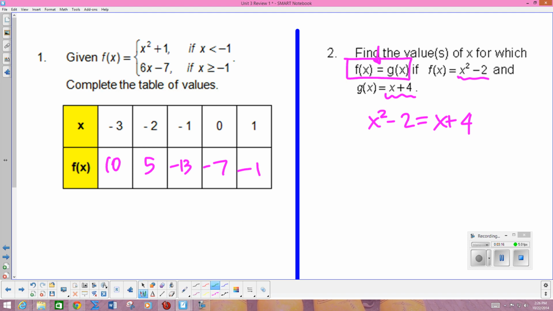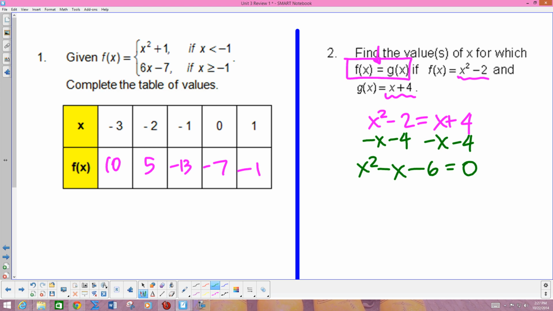Absolutely. I'm going to move my x and move my 4 over to the other side. So I have x squared minus x minus 6 is equal to 0. So now can I solve that? Yes, I can. And how can I factor that? What's going to multiply to give me -6 and add to give me -1?